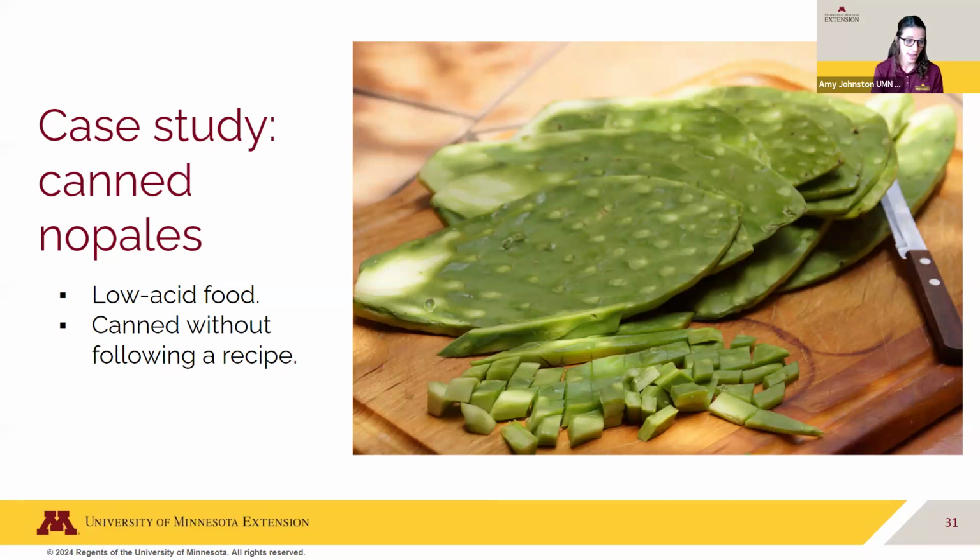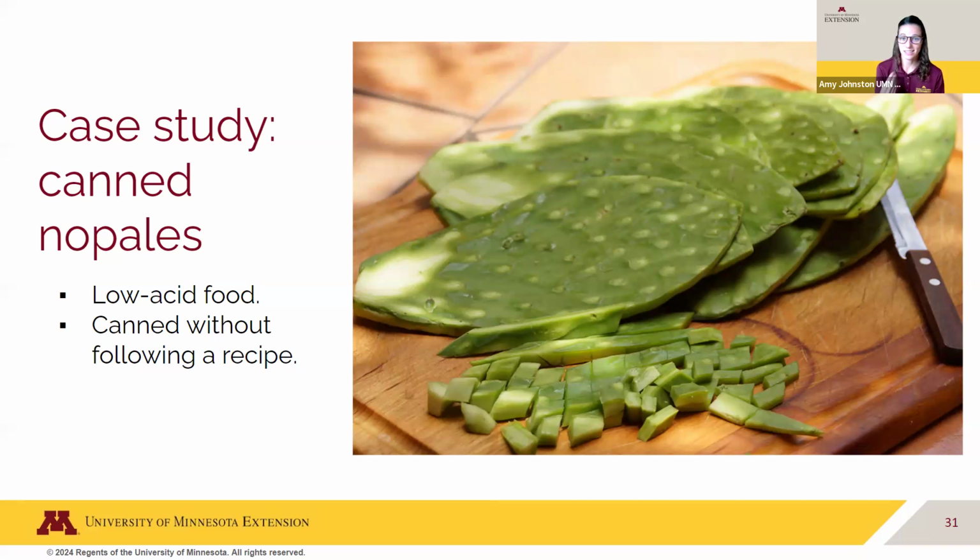Once they were canned, they were stored in a shed outside in May in California. So those jars definitely were then at a very warm temperature, not being stored in a cool, dry place. They were stored for about a month before they were served at a family event.